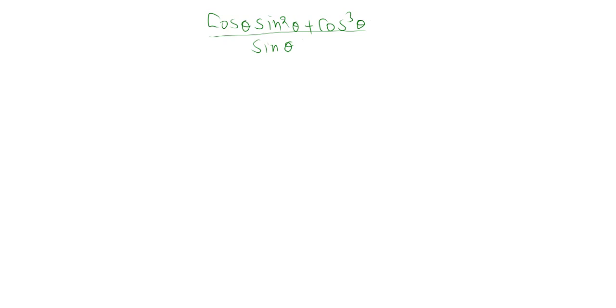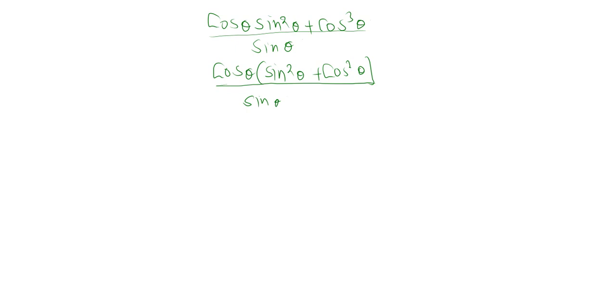We can factor out in the numerator the cosine theta, cos theta into sine squared theta plus, because we have the cos theta outside, this one becomes cos squared theta over sine theta.